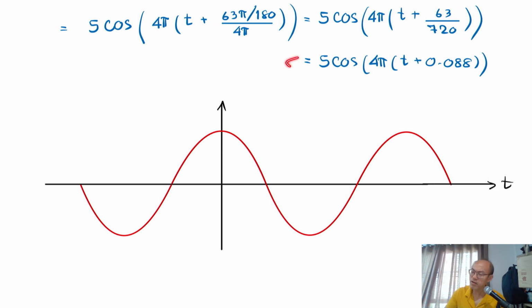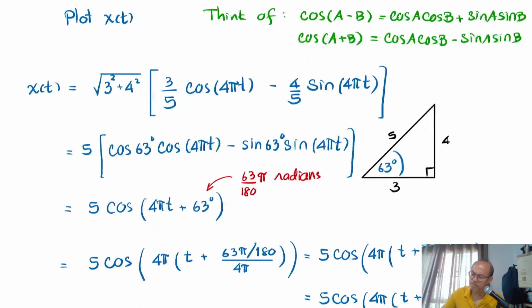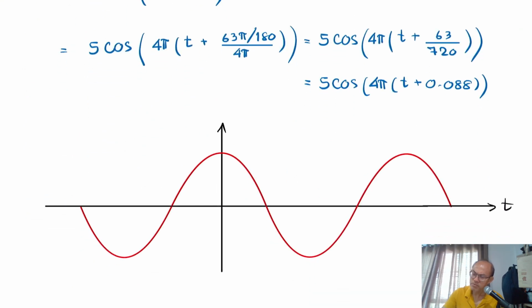So how do we plot this? Let's start with the graph of cosine of 4 pi t. 4 pi t means that the period is 1/2. So this is 1/2. This is 5. This is -5.